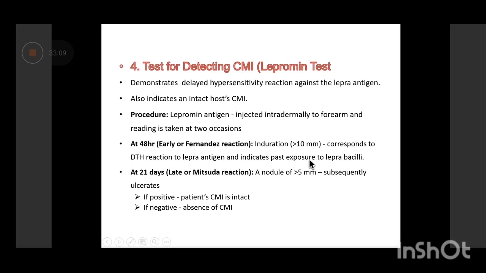Delayed type, so we look after 48 hours. Then at 21 days, a nodule greater than 5 mm, which may subsequently ulcerate, is significant. If this is positive, the patient's CMI is intact, and if it is negative, the CMI is absent. So we can go for the lepromin test.